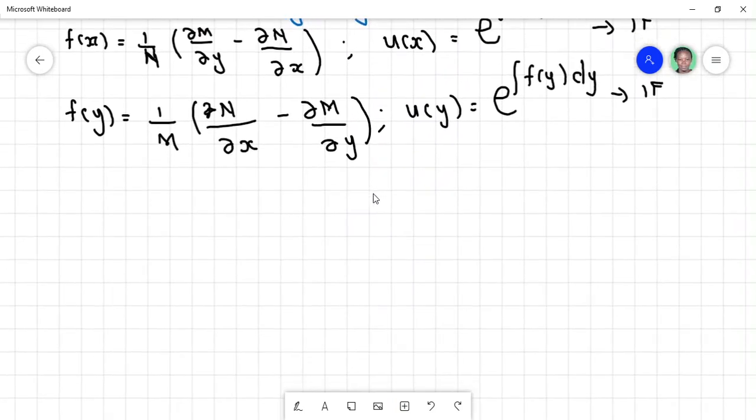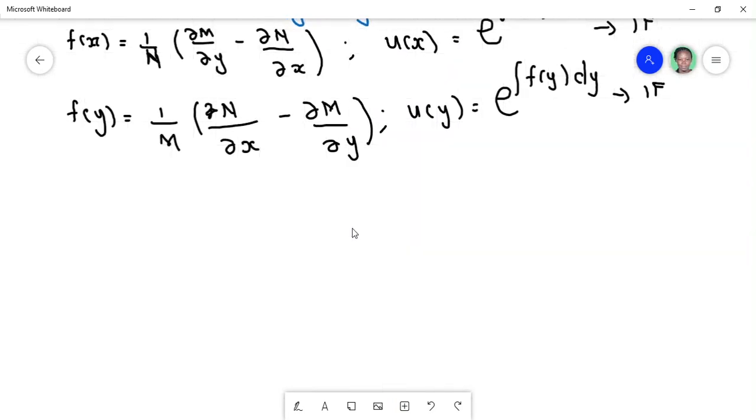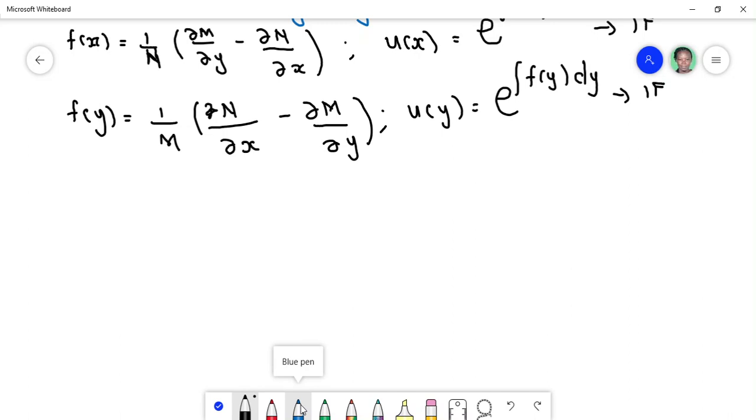Another way of finding the integrating factor is when you have a first order linear equation. Let's say I have the linear equation, because we could reduce to that form.